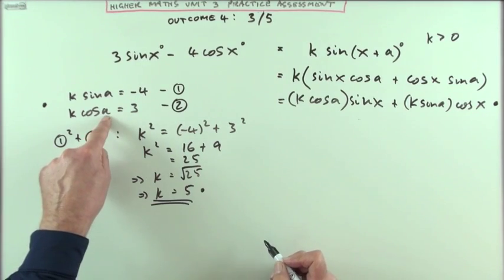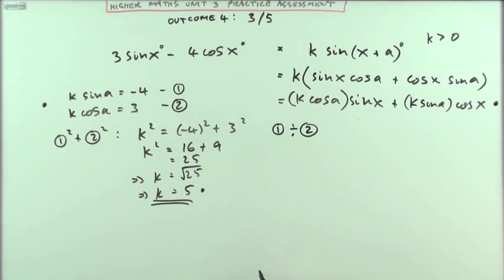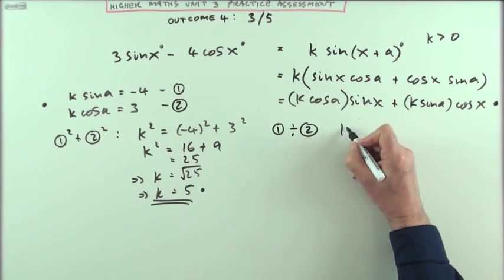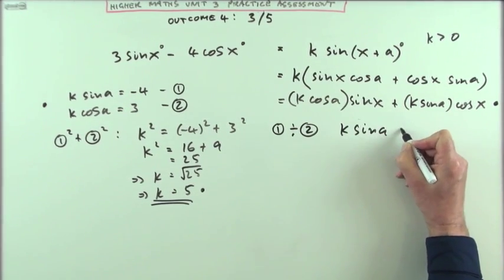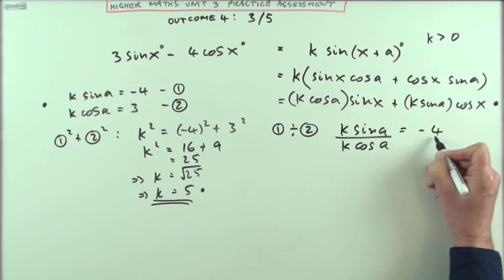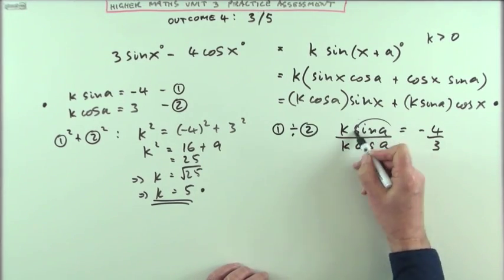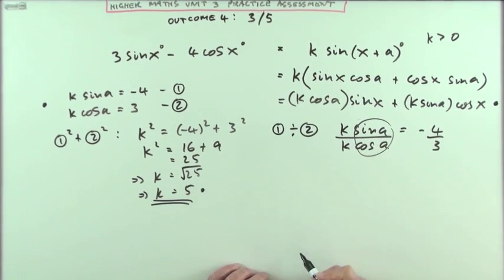The way that you would find A is by taking equation 1 and dividing it by equation 2. That way you would have k sine A equals negative 4 divided by the other equation, k cos A over 3. And of course sine over cos turns into tan and the k's cancel out.